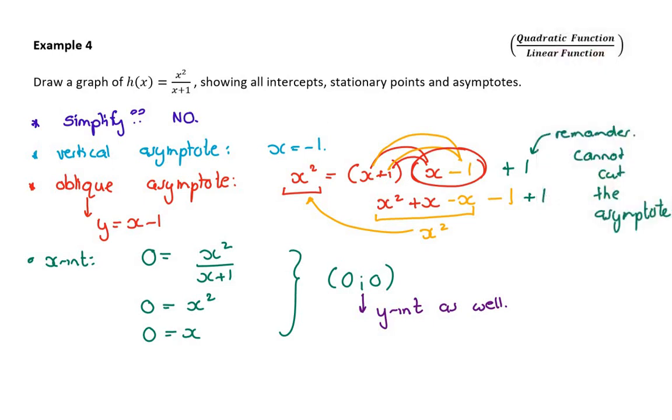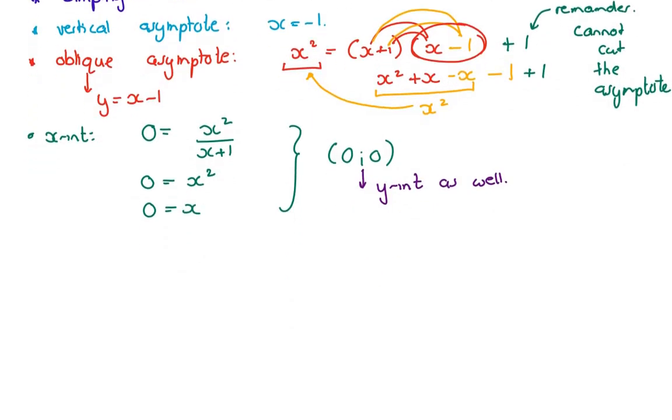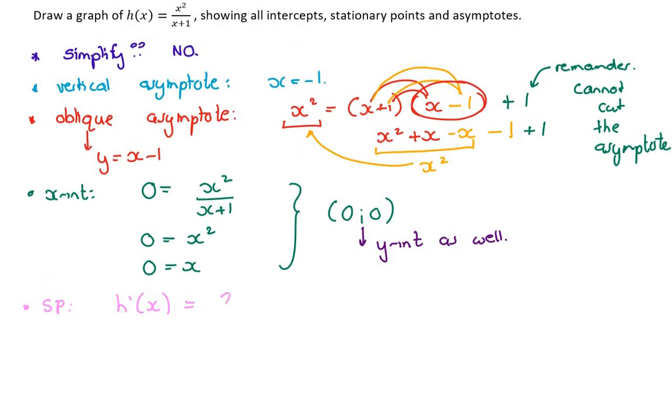And so finally, before I start looking at possibilities of this graph, I need stationary points. Now this is a quotient, and so I'm going to use the quotient rule, which says differentiate the top, which would be 2x, multiply by leave the bottom, subtract leave the top, differentiate the bottom, all over the bottom squared.